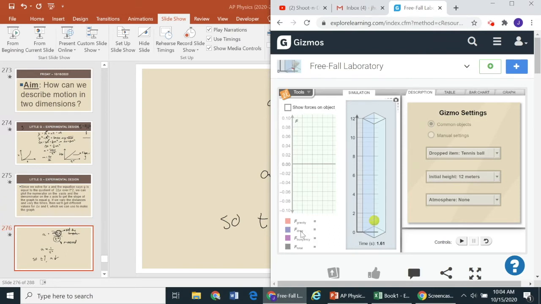Now, you could try to do this experiment on your own at home, but as you'll find, it's actually quite difficult when you're dropping things over the small distances that you'll be able to drop them in your house, because there's going to be uncertainty in any of your time measurements.